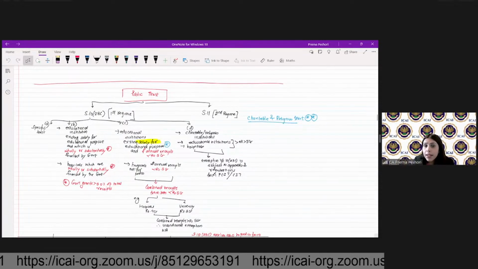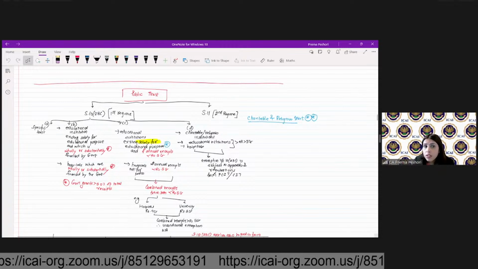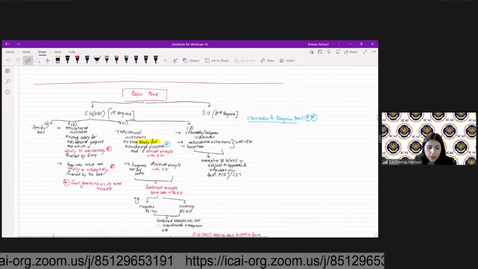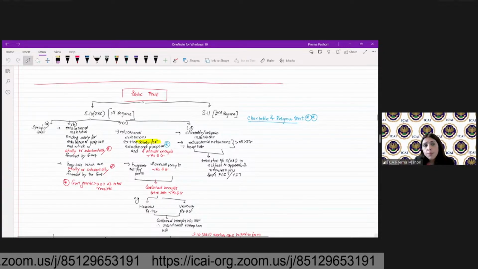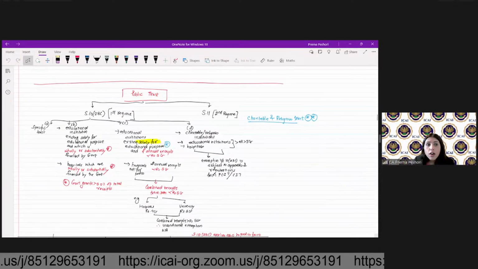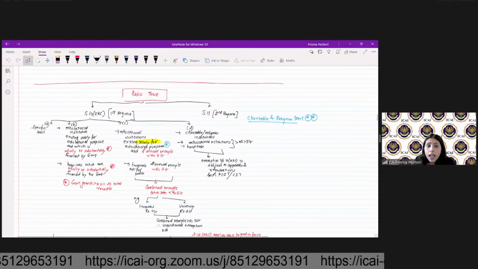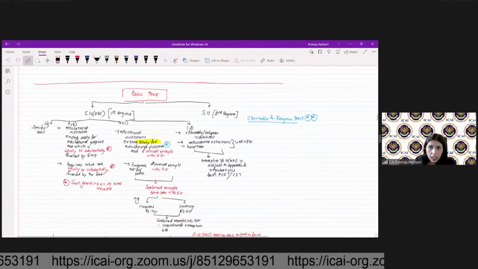Now 12AB, for which institutions can we obtain the registration? 12AB is the procedure for registration, particularly for the applications which are made under 12A.